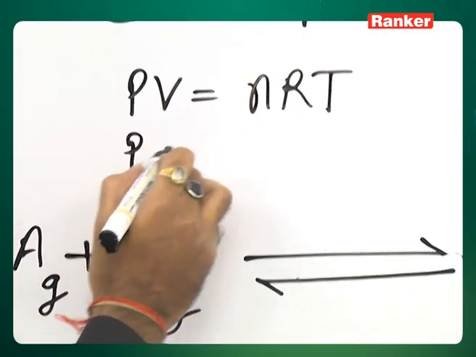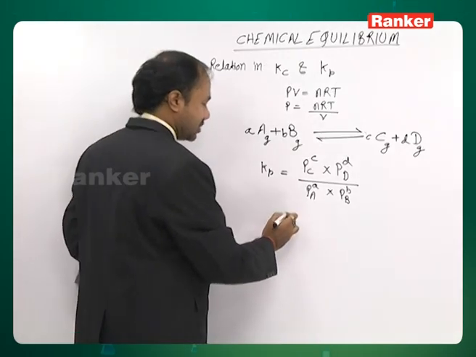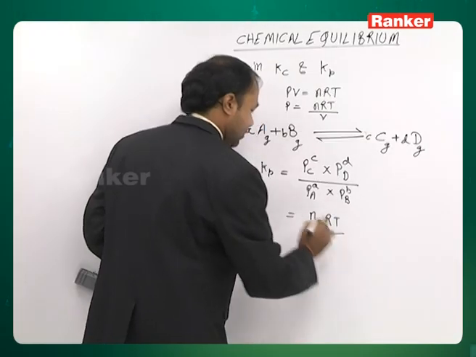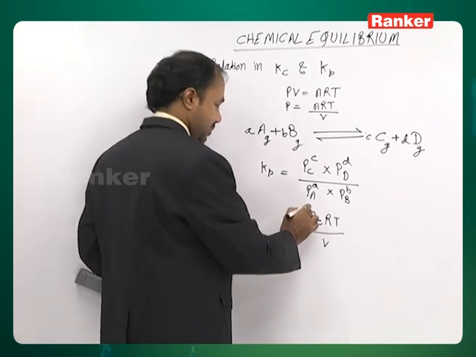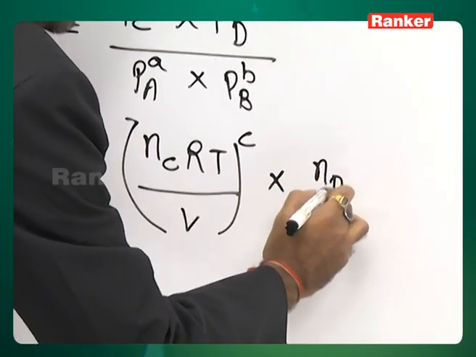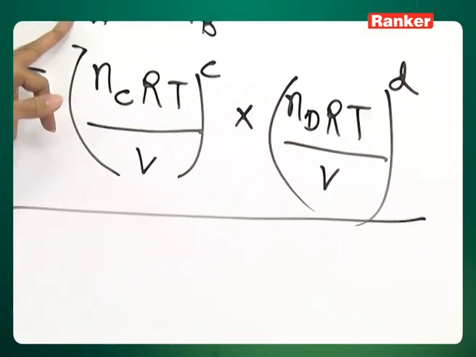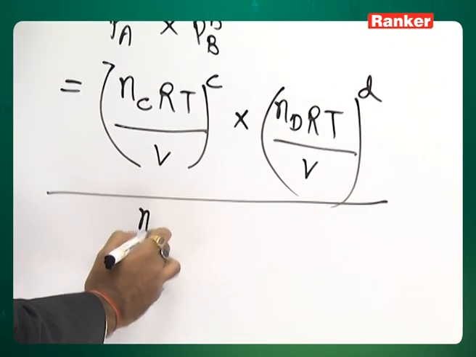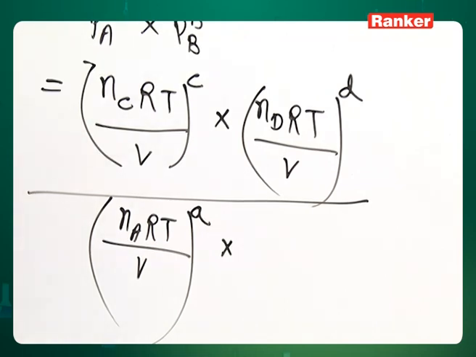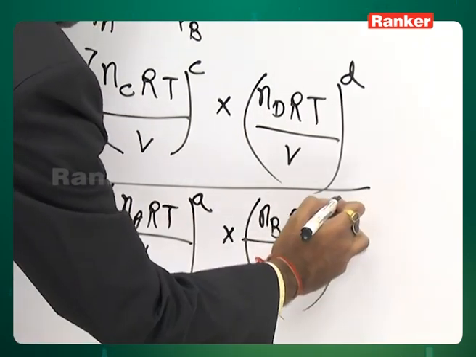So we have P equal to nRT by V. The same thing we are going to substitute here, and after substituting we get PC, meaning partial pressure of C, equal to number of moles of C into RT upon V, whole raised to power c, into partial pressure of D, which will be given as number of moles of D into RT by V, again raised to whole power d, upon partial pressure of A, which will be given as number of moles of A into RT by V raised to power a, into pressure of B, which will be NB into RT by V whole raised to power b.